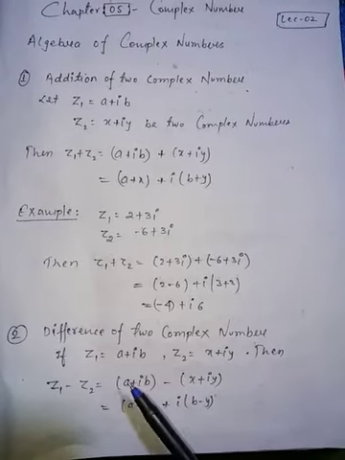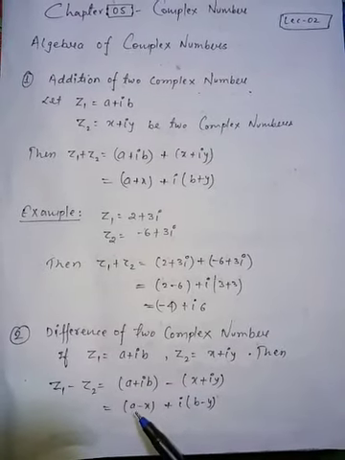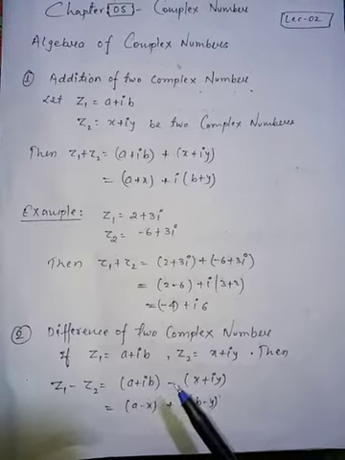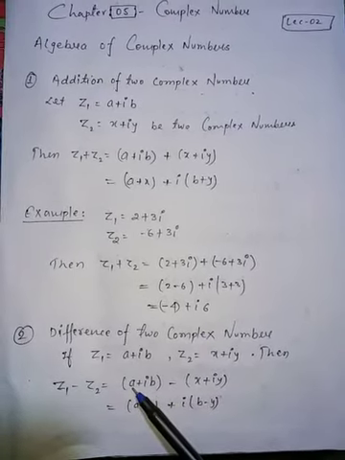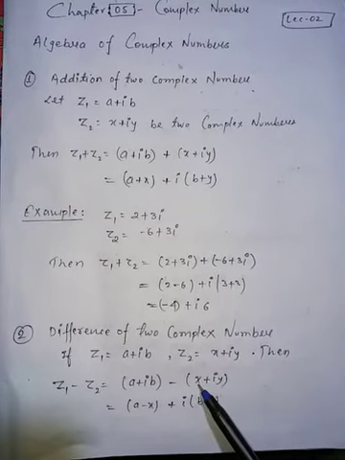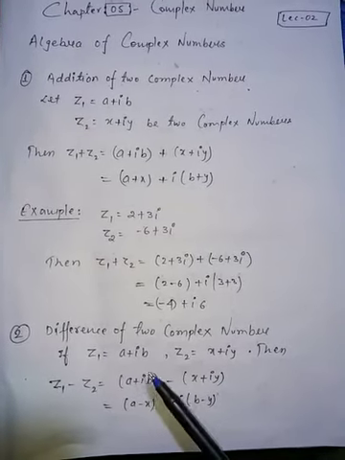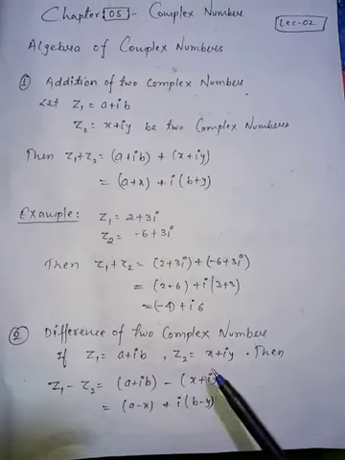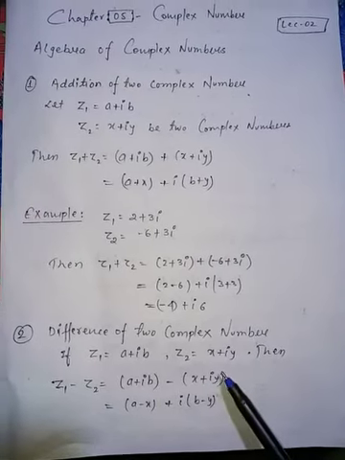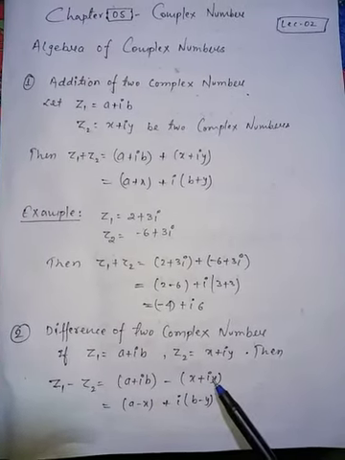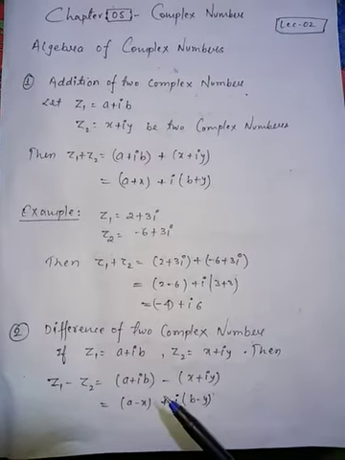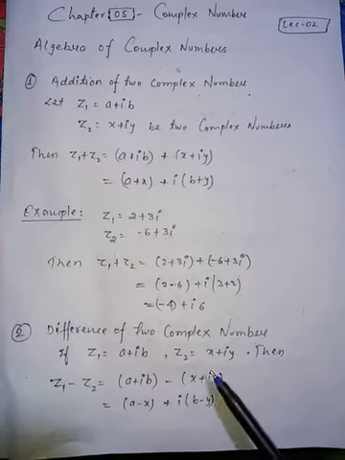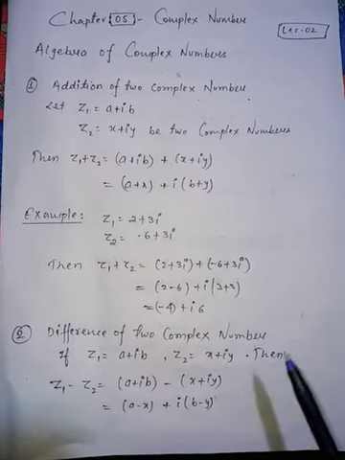Similarly, we subtract real part and imaginary part. Here real part a, imaginary part b. Here real part x, imaginary part y. So we subtract real part and real part, also imaginary part and imaginary part.